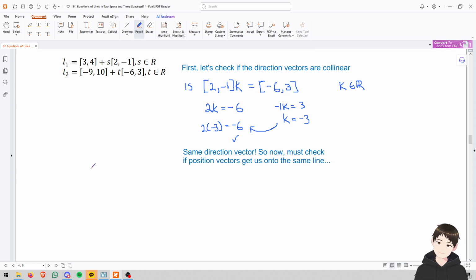So let's try it. Here's what I'm going to do. In line 1, my x value has to be 3 plus 2s. Right? Okay. And in line 1, my y value has to be 4 minus s.